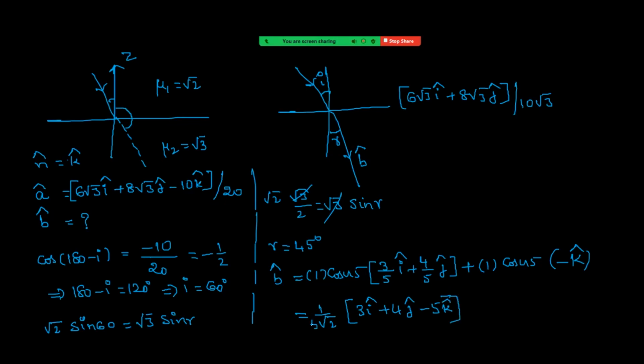Okay, by 5, take 5 outside. Let me cross check once. By 5, this is 1, right? By 5, okay. This is now a unit vector. This is a unit vector along the refracted ray.